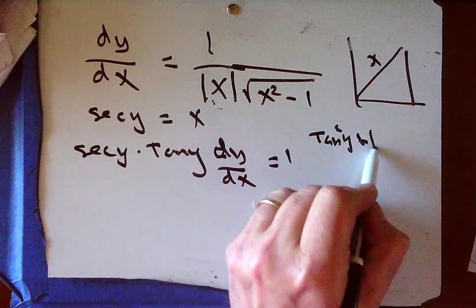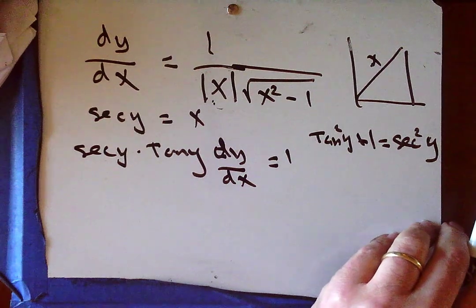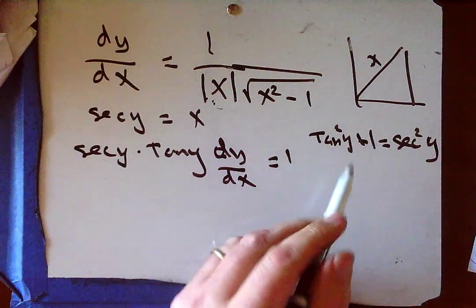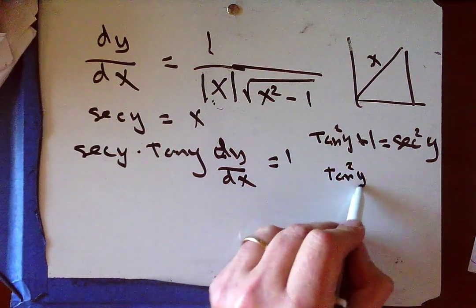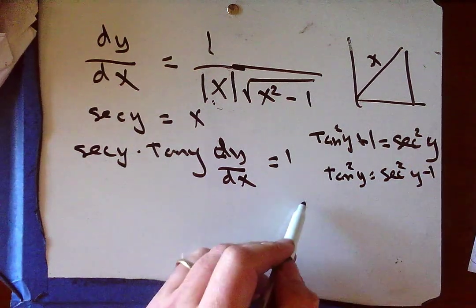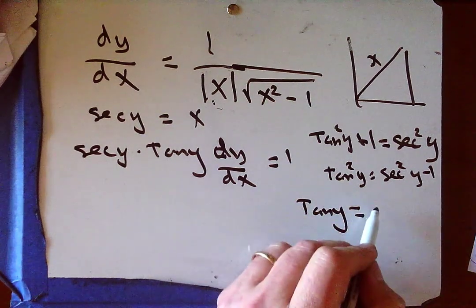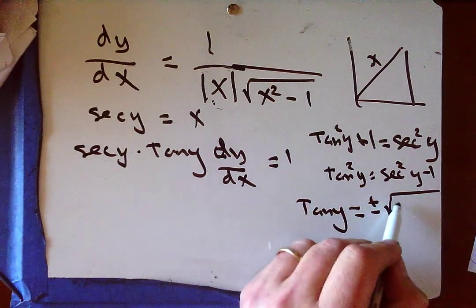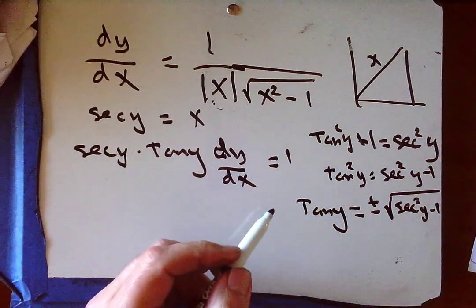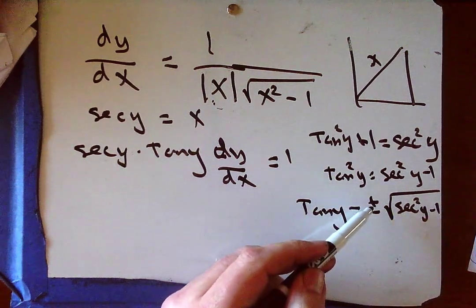Tangent squared y plus 1 equals secant squared y. So what I'd like to do here is solve this equation for tangent. So I know tangent squared y will be secant squared y minus 1. And then I take the square root of both sides. So tangent y equals plus or minus square root secant squared y minus 1. Okay, right? I took the square root of both sides, so I have to remember the plus or minus.